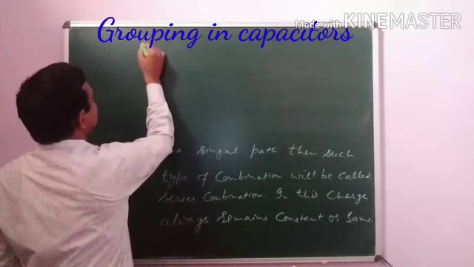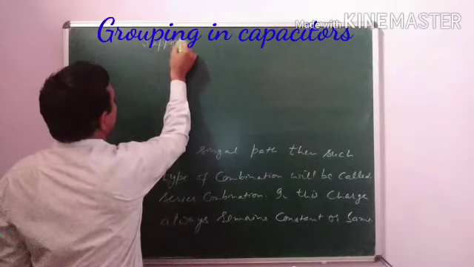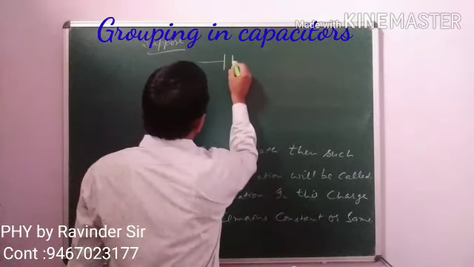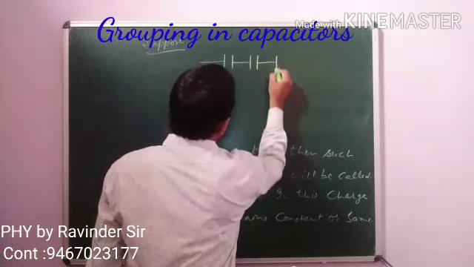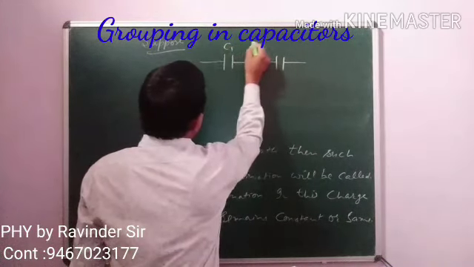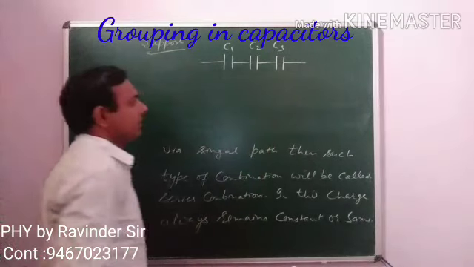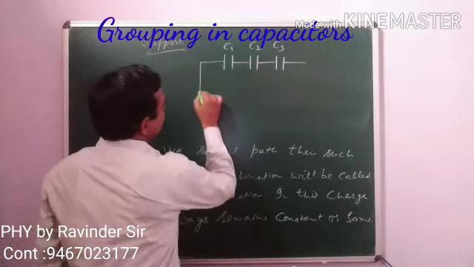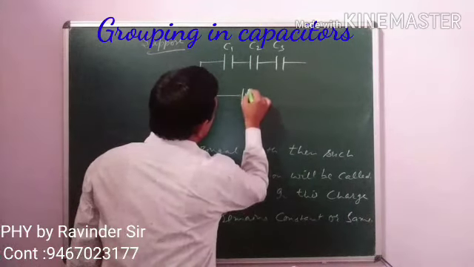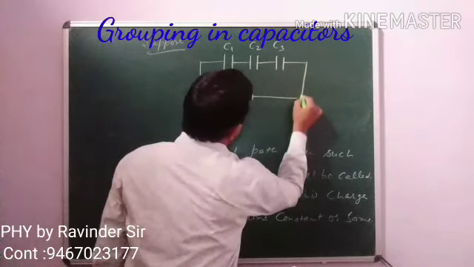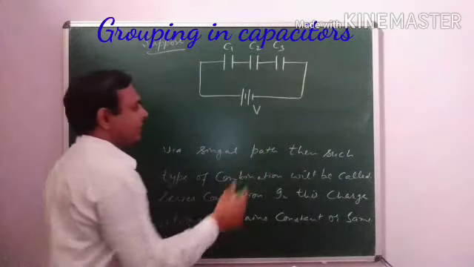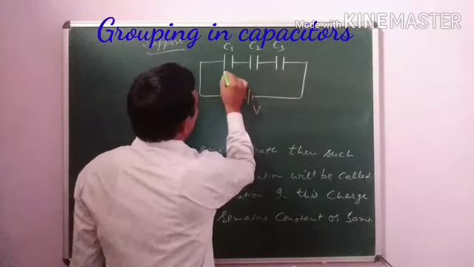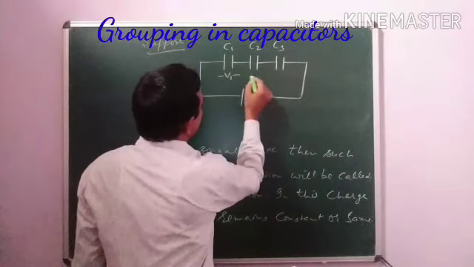Suppose we have three capacitors just like this. Then such type of combination will be called series combination. Like this, the combination is connected with a battery having potential difference V, that is, voltage is V. Suppose V1 is the voltage across the capacitor C1.